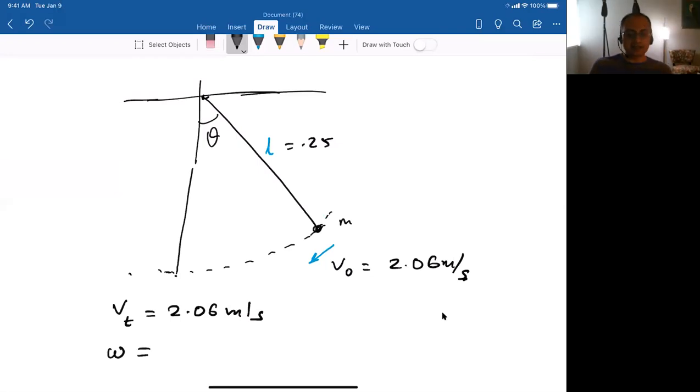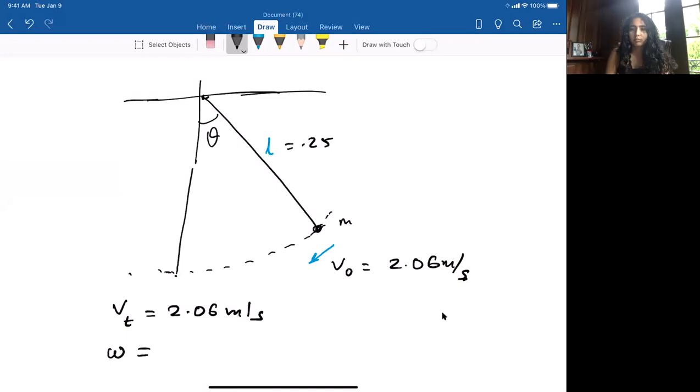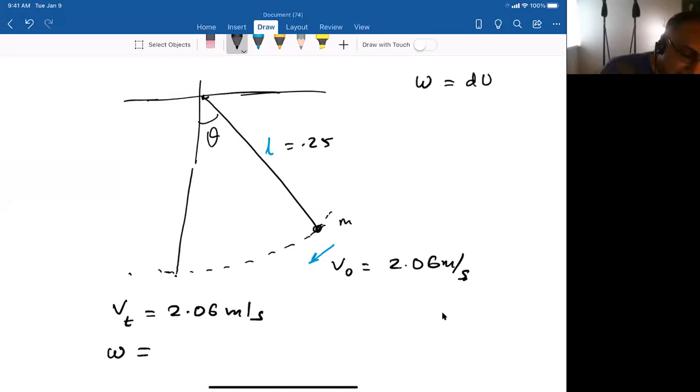How would I find that? Look at all the relationships we've derived today. I'll write them down for you. So omega was d theta dt, and then v was r omega, and alpha was d omega dt, and a tangential was r alpha.